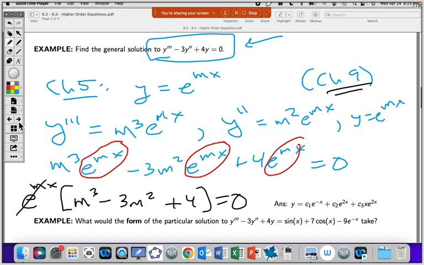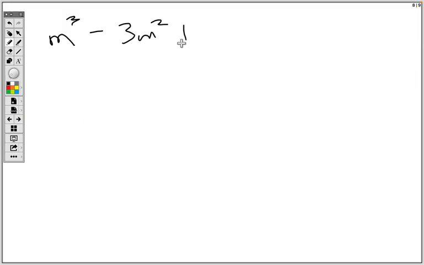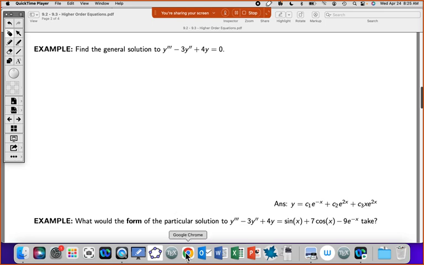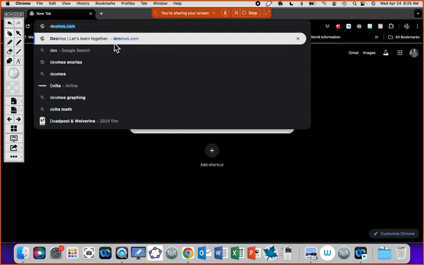So of course, we're going to spend most of the time on the algebra here. Now, unlike Chapter 5, where everything was second order, now we're into higher order polynomials. And so sometimes you can factor these if they have a special form, or use synthetic division. But really, we're trying to figure out the values of m that make this 0. So we can go ahead and fire up Desmos to help us.